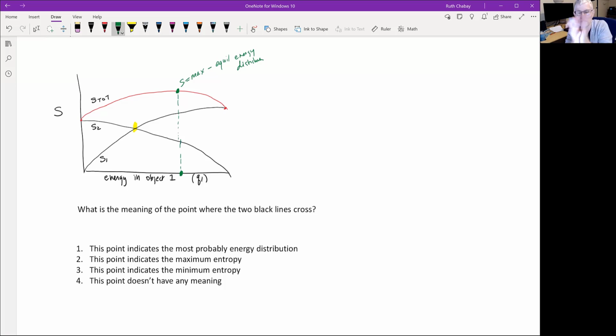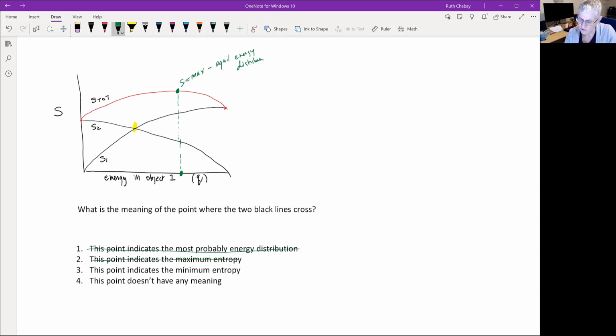And the bigger the objects are, the sharper that peak actually is. So the crossing point is not the most probable energy distribution. This point where S total is a maximum is the most probable energy distribution, and that's where the entropy is maximum.